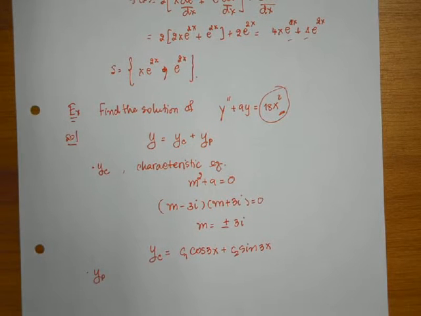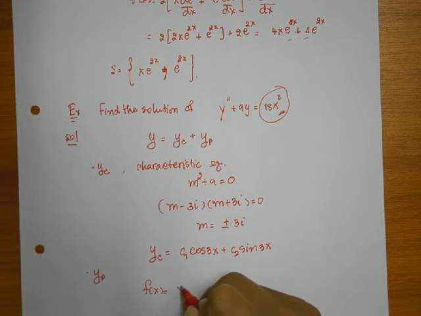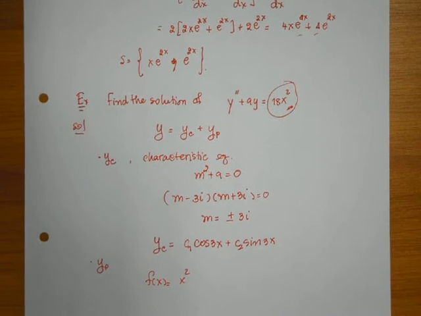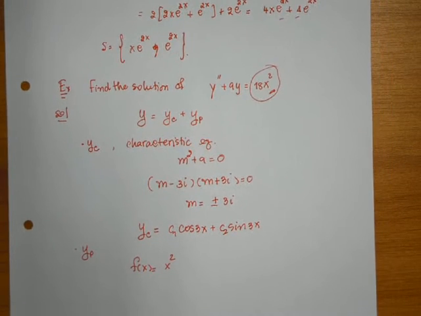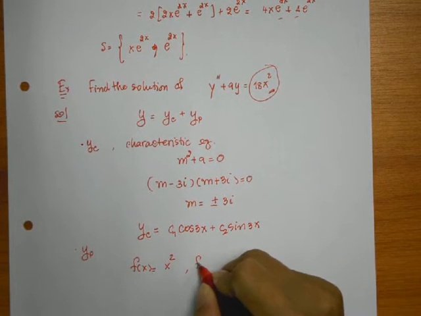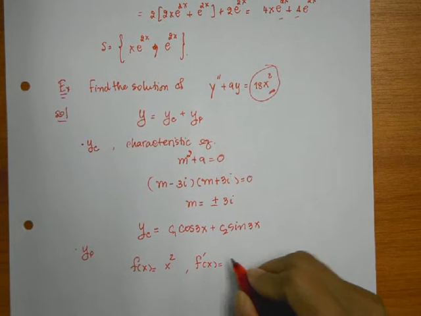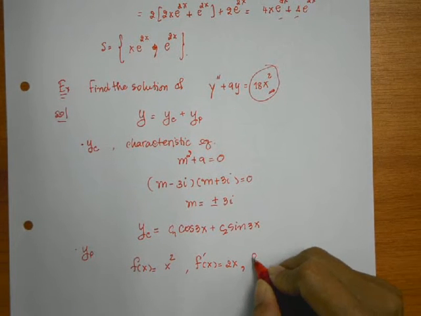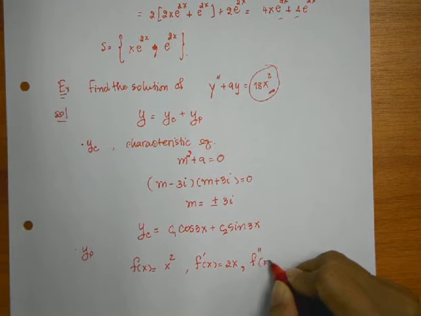Okay. Now our f(x) is x squared. What we have to do is find the UC set of this f(x). So we take the first derivative of x squared, and the second derivative of x squared.